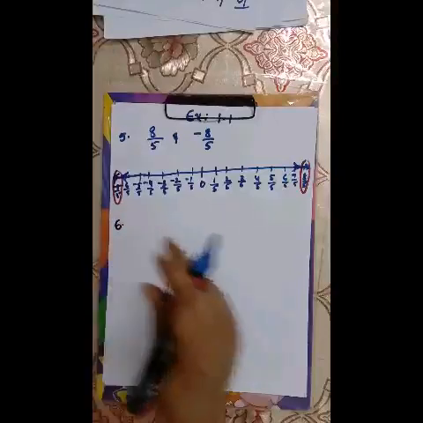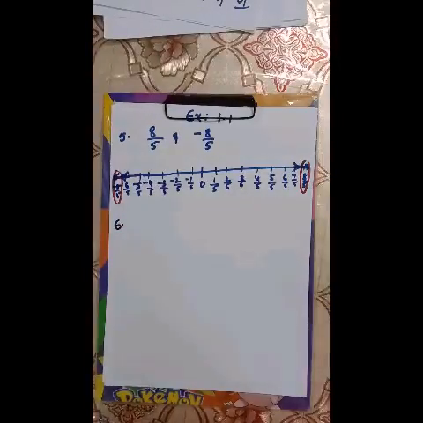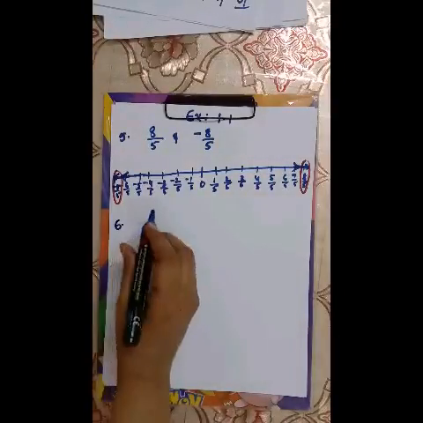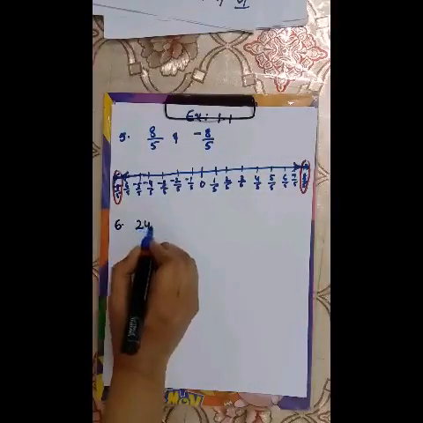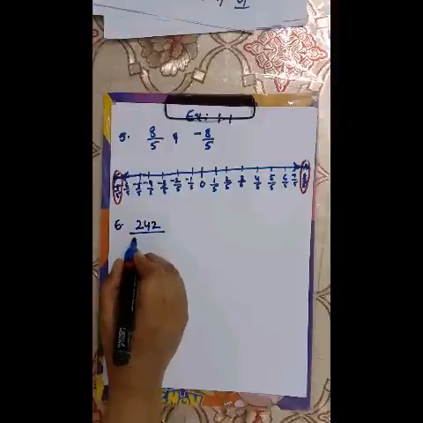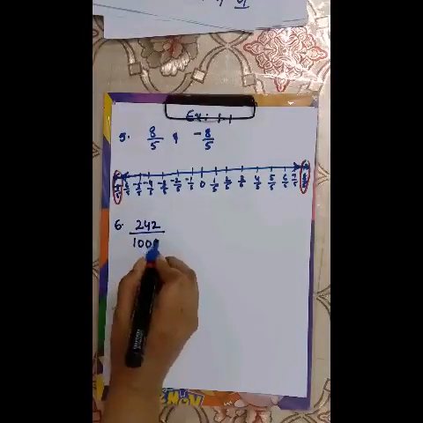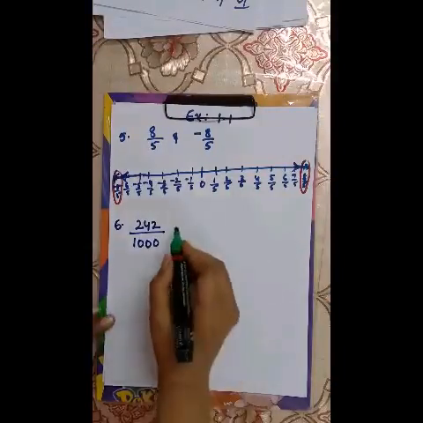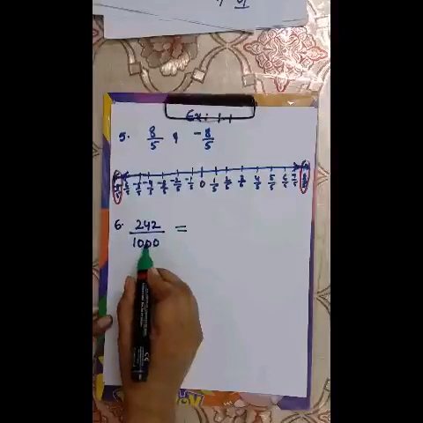Sixth one. Express the following rational numbers in decimal form. We are going to express this in decimal form. 242 by 1000. Count it now. How many zeros are there in the denominator? 1, 2, 3.